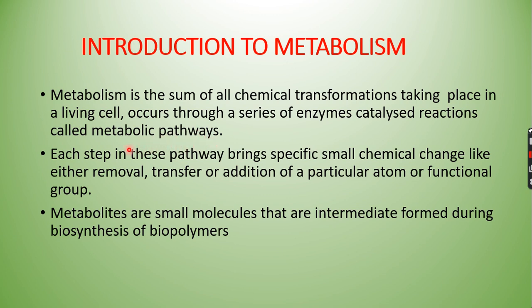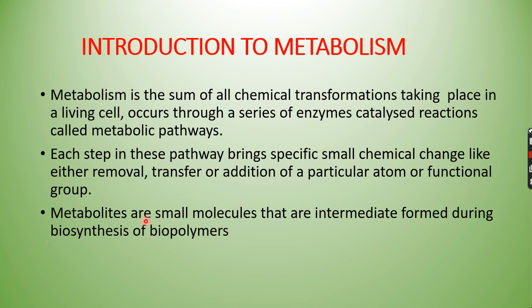Each step in the pathway brings a specific small chemical change, like removal, transfer or addition of a particular atom or functional group. For example, the conversion of glucose into glucose 6-phosphate involves the addition of just a phosphate group at the sixth position, so just a specific small change occurs.